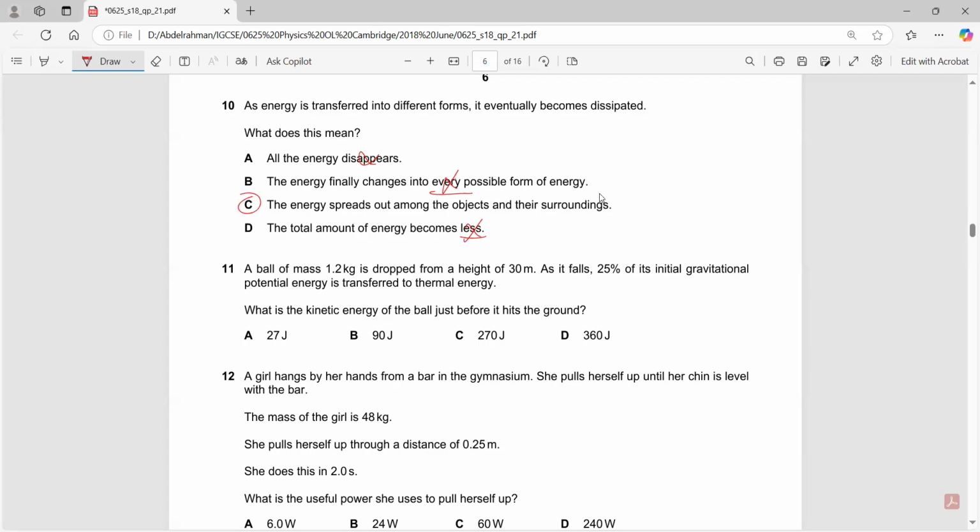A ball of mass 1.2 kilograms is dropped from a height of 30 meters. As it falls, 25% of its initial gravitational potential energy is transferred to thermal energy. What is the kinetic energy of the ball just before it hits the ground?